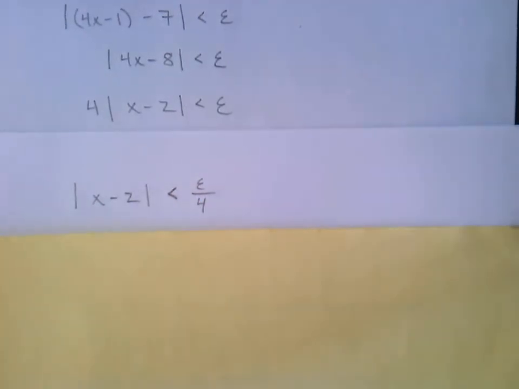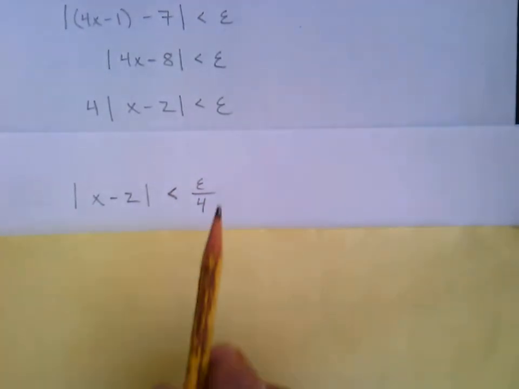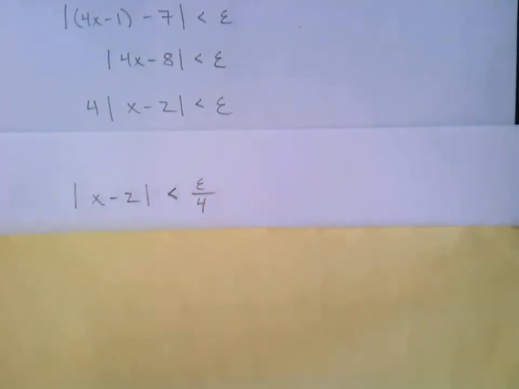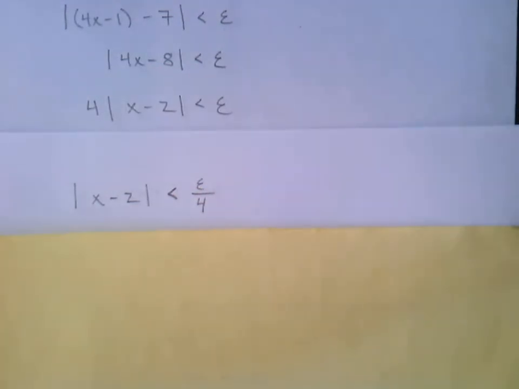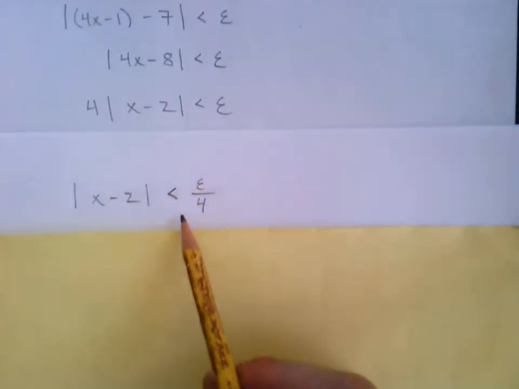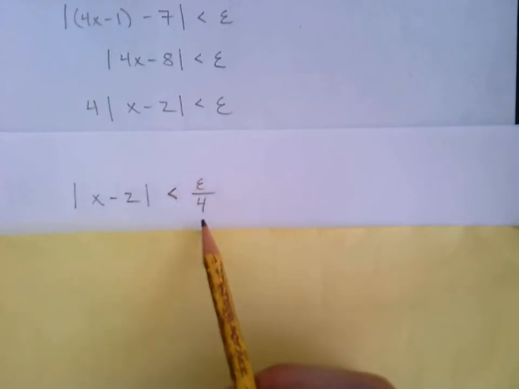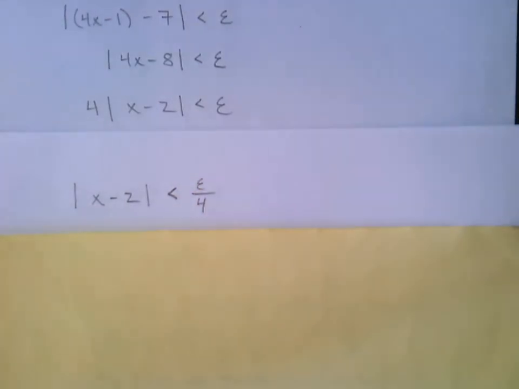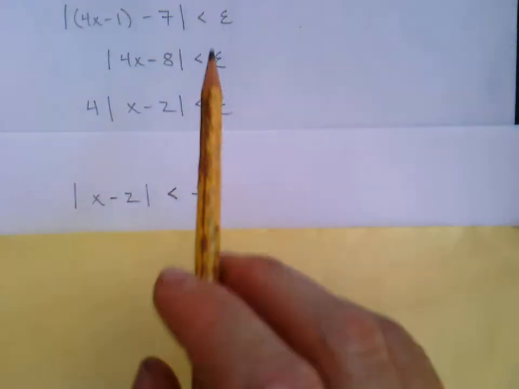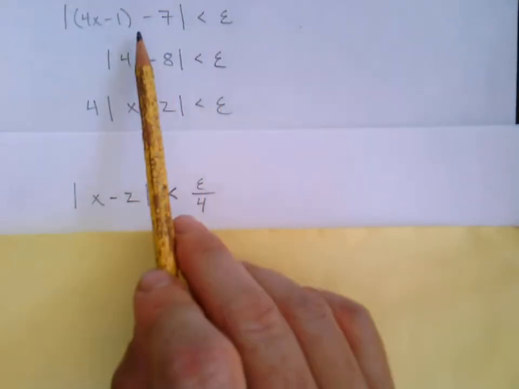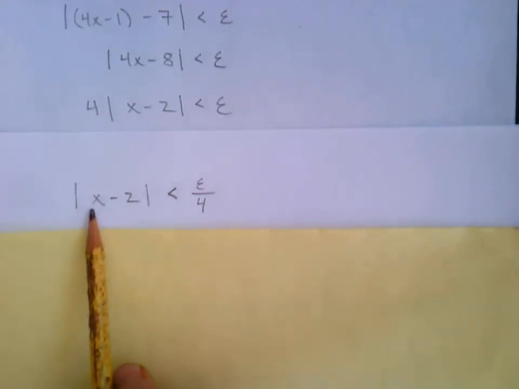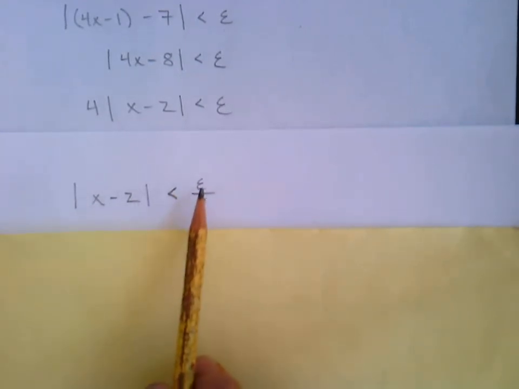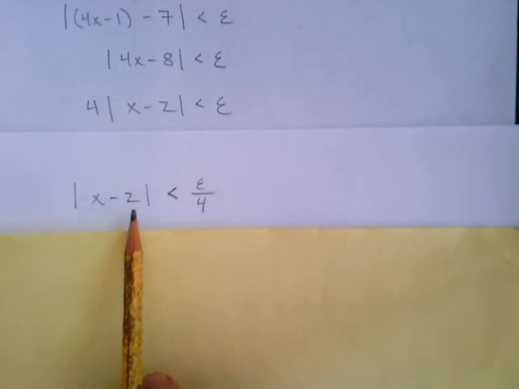So at this point, when we were using 0.1, we just did the division and we had the answer. But now, obviously with epsilon, we're just going to say epsilon over 4. But that is how close we need to get to 2. If you want your function within epsilon of 7, then x needs to be within epsilon over 4 of 2.